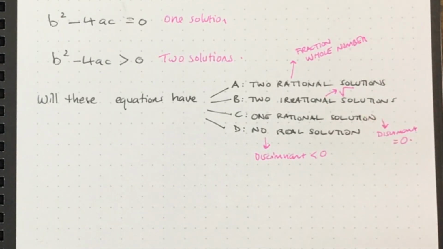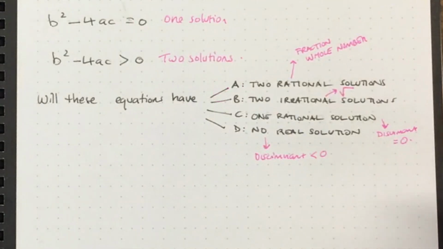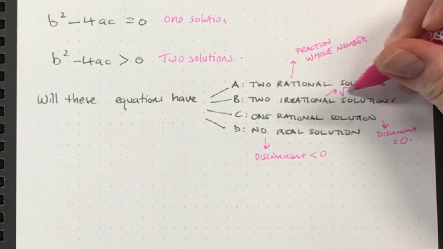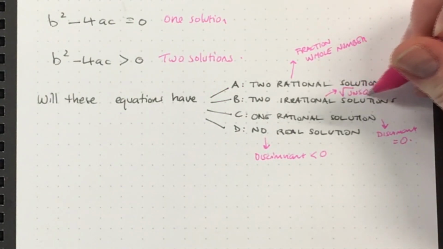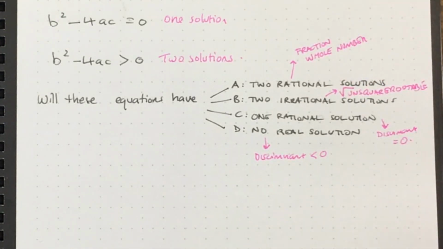Whereas irrational means that there would be a square root, an unsquare rootable number. For example, if your discriminant had a number that could not be square rooted, then we would struggle. So irrational means unsquare rootable number. And by unsquare rootable, I mean it's not a negative number, it's just something like positive 35.